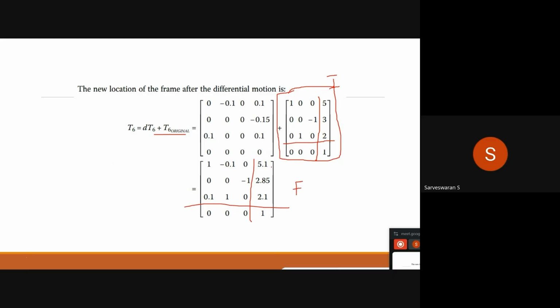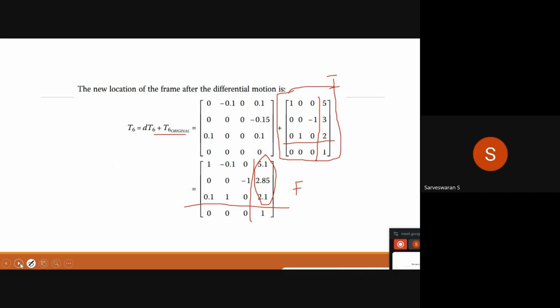So this is how my robotic end effector has been moved based on the differential motions provided at the joint level. 532 was my initial position in px, py, and pz. Now upon the differential motion, we get my position as 5.1, 2.85, and 2.1. This is my new position, and this is the orientation. So the robotic end effector has been moved based on the joint motions that are provided.